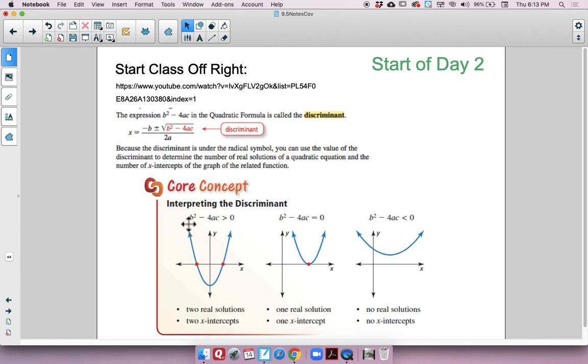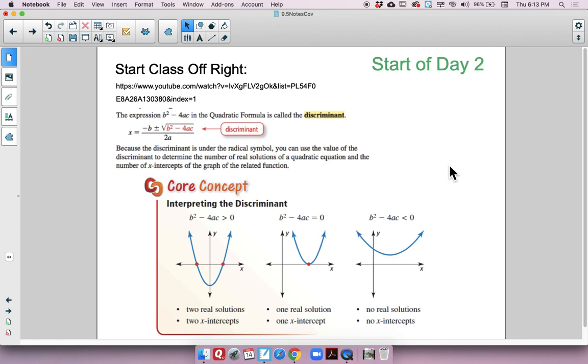If b squared minus 4ac is a positive number, in other words greater than 0, we're taking the square root of a positive number. How many real roots does the square root of a positive have? It has 2, right? For example, the square root of 10.